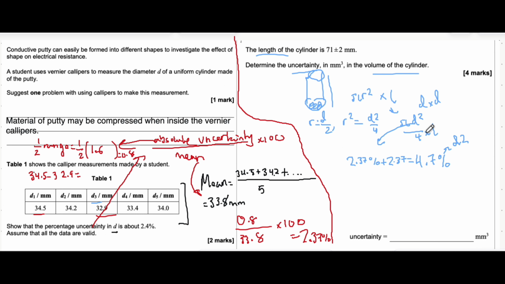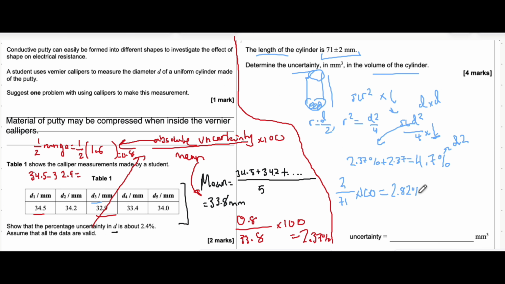We're then multiplying all of that. Pi is a constant, it doesn't have any uncertainty. Same with this 4. But then the length is giving you the absolute uncertainty. We take that absolute uncertainty, which is 2 millimeters, and we divide it by the actual value of 71, multiply that by 100, and that gives you the percentage uncertainty of the length. So 200 over 71 gives 2.82%.